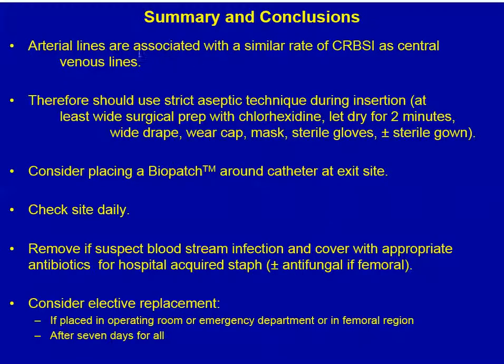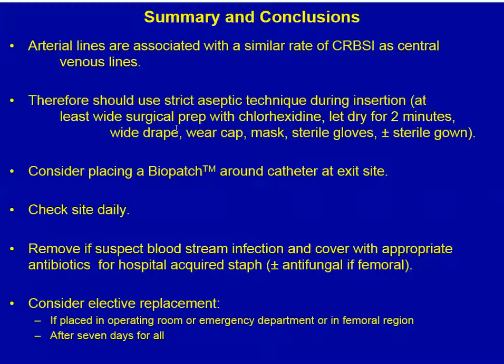In summary, arterial lines are associated with a similar rate of catheter-related infections as central lines. And therefore, we should use the same strict aseptic techniques during their placement and monitoring that we do for central lines.